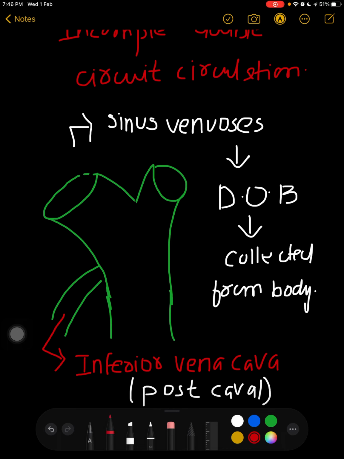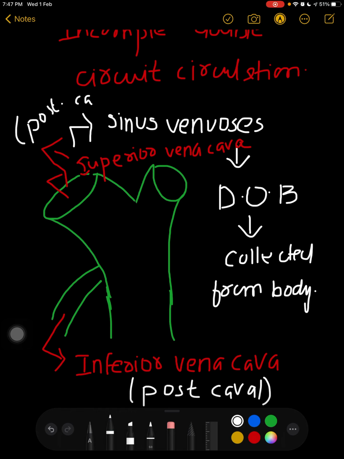And here we have this, which is known as superior vena cava, right? So this is superior vena cava, which is also known as post cable, right? Oh sorry, it is also known as pre cable.